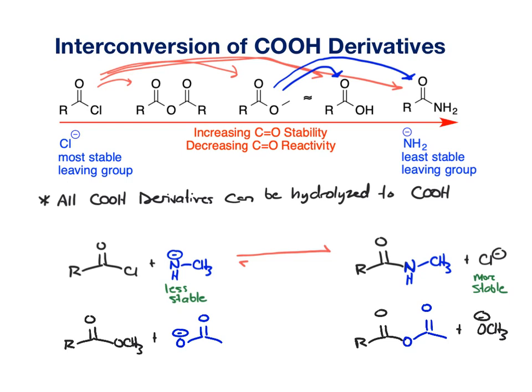Like that. But in this case, you're going from something more stable, the ester, to something less stable, the anhydride. So this reaction does not proceed to the right. Instead, it proceeds to the left, or lies to the left.